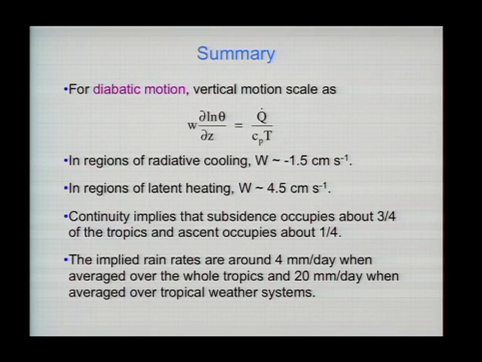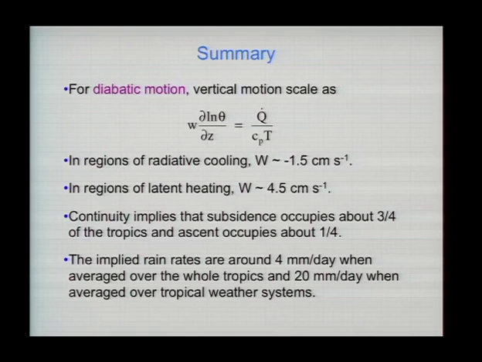We did it separately, and we found that the vertical motion in regions of radiative cooling would be about 1.5 centimetres per second on average, and in regions of ascent, it would be about 3 times that. So by continuity, that implied that about 3/4 of the tropics had subsidence, and ascent was in about a quarter of the tropics.